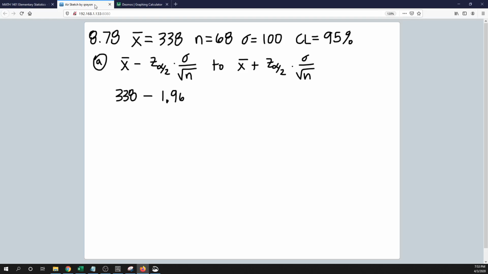Sigma is 100, and our sample size is 68. Okay, and the upper limit would be same thing except with a plus. Like so.